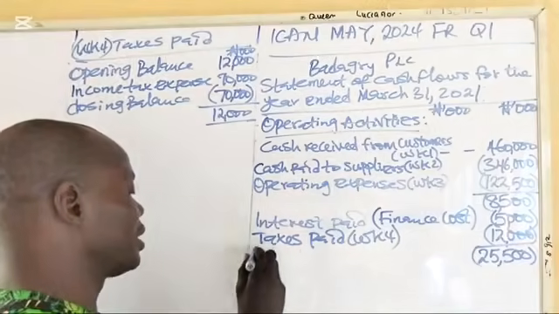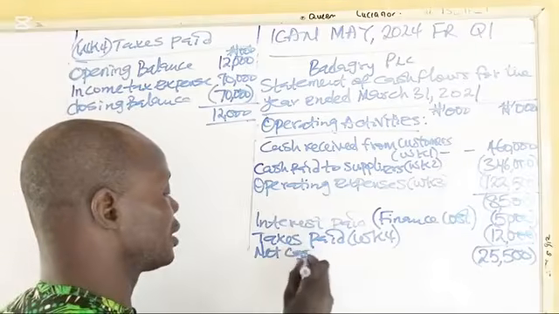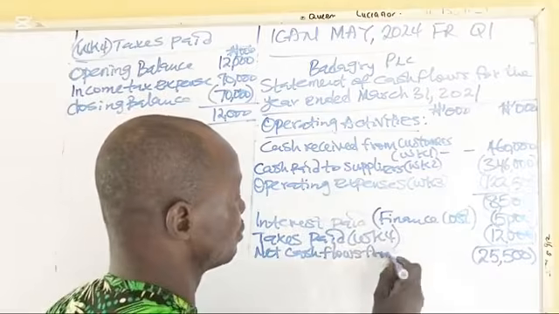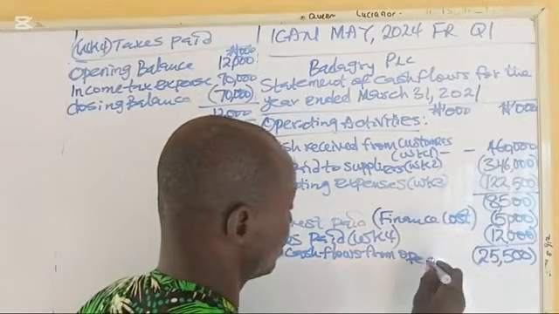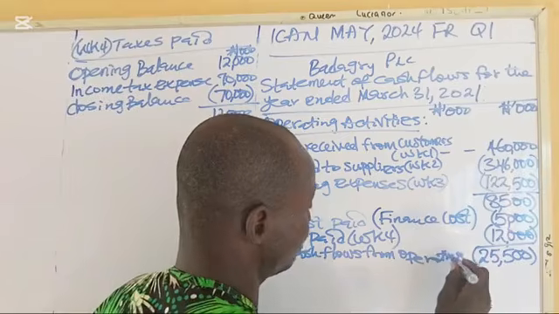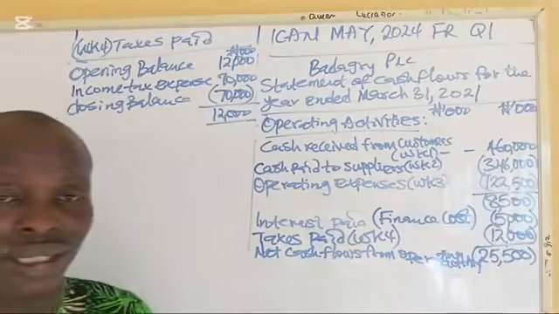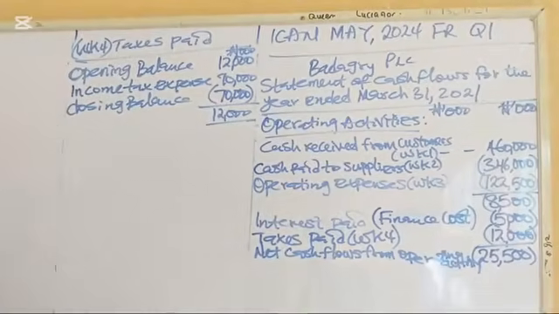That is net cash flows from operating activity, or net decrease in cash flows. You can have a decrease in cash flows from operating activities.